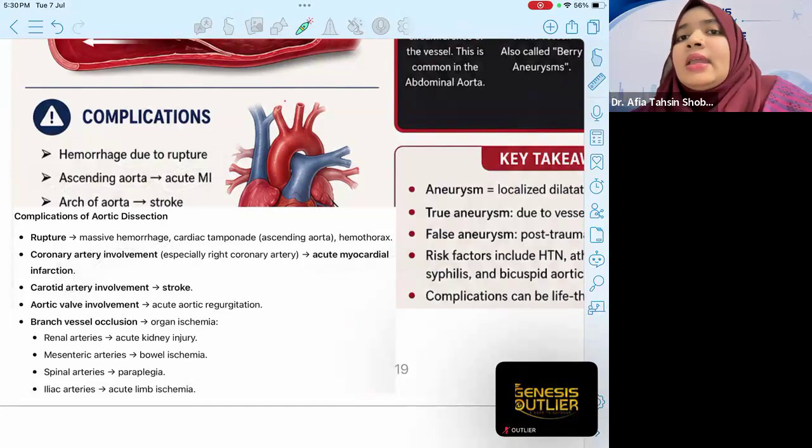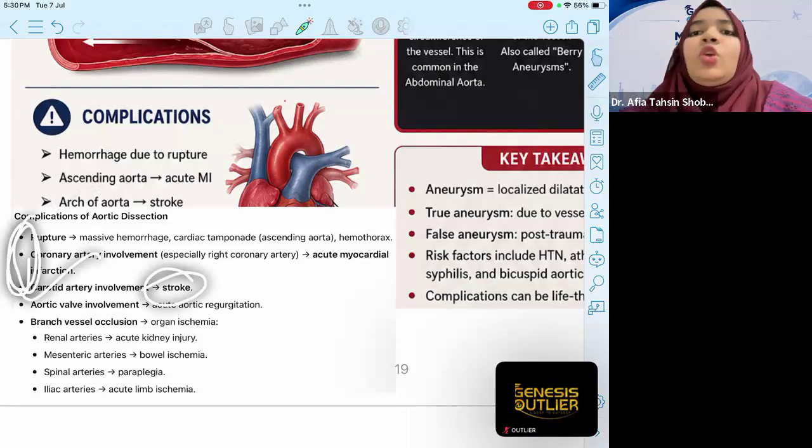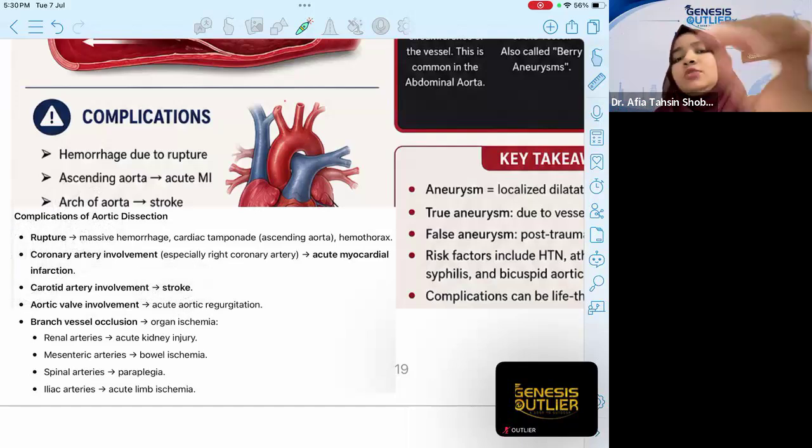Then we also know the branches of the arch of aorta, like the common carotid artery. So if the arch of aorta or carotid artery is involved, then stroke will happen. Just tell these 3 complications in exam. No need to tell others.